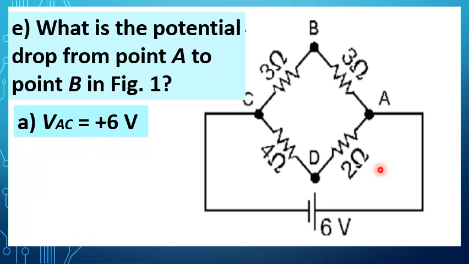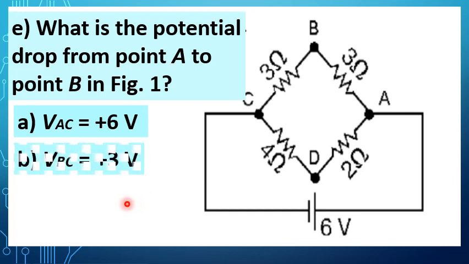So, our answers in question letter A to question letter E, all right, we say that the potential of point A relative to point C must be 6 volts, all right?